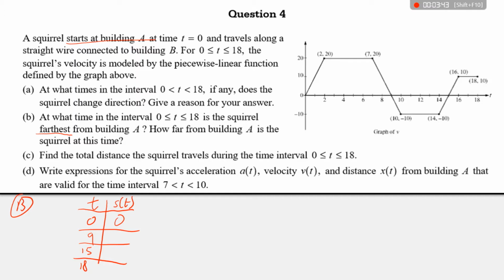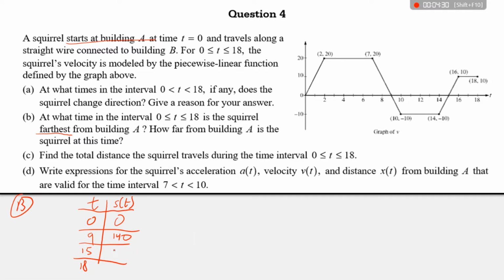So what's your displacement at t equals 9? 9 plus 5 is 14, times 20, so 140 is the answer. And at 15, it's 140 minus, that's 9 to 15, which is 6. 6 plus 4, 10 divided by 2, 5 times 10 minus 15, so 90.